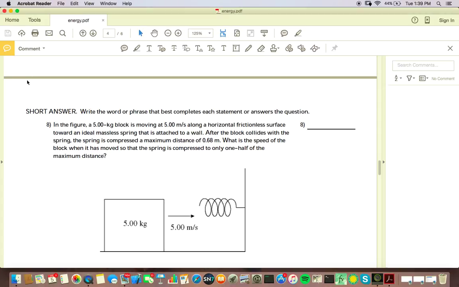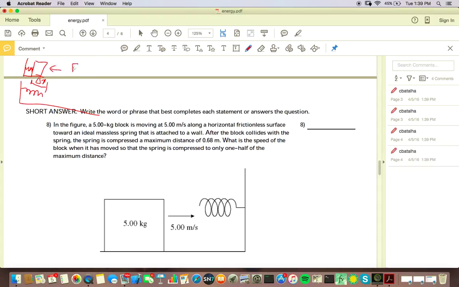If you have a spring that is relaxed and you compress it a certain distance del x, the force responsible for this compression is given by a constant called the spring constant times the amount the spring has been compressed.